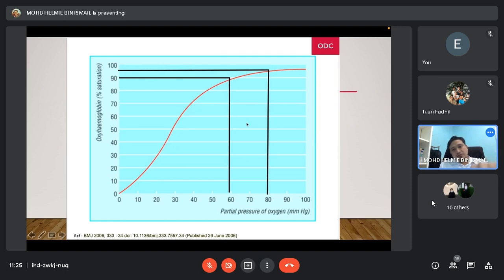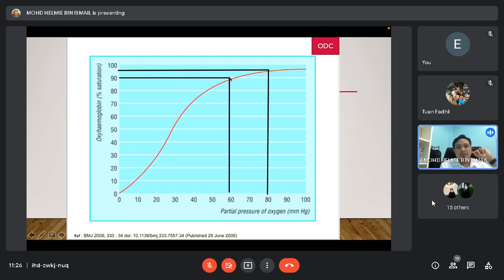For example, if the SpO2 is about 90%, this is equal to a partial pressure of oxygen of 60. If it is less than 60, the graph will drop dramatically. Very steep drop. If less than 60, it will drop quickly. But in between 90 to 100%, the decrease in oxygen is very minimal.